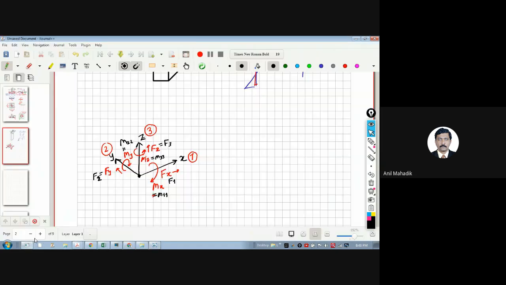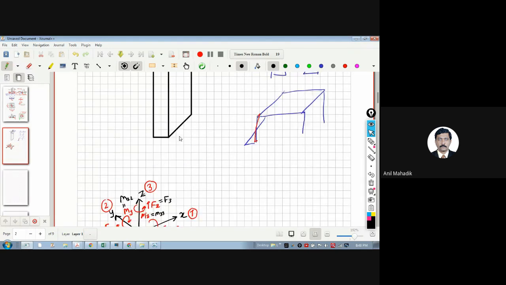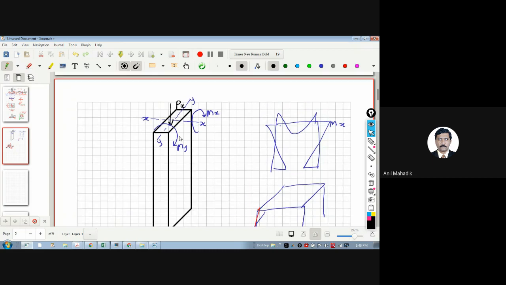Here you can see this value, F3, is more. All of you know that this is the column direction. This axis is the Z axis, meaning 3, right?